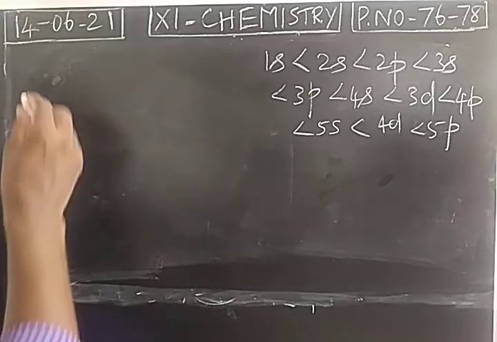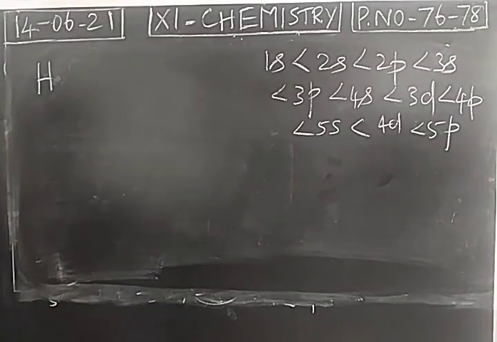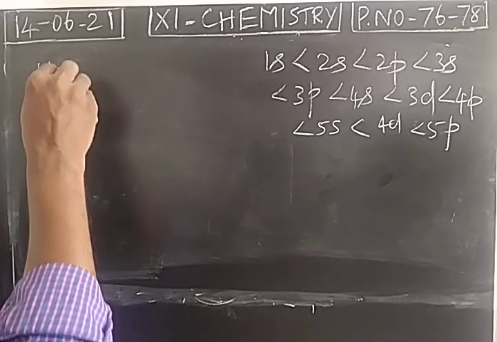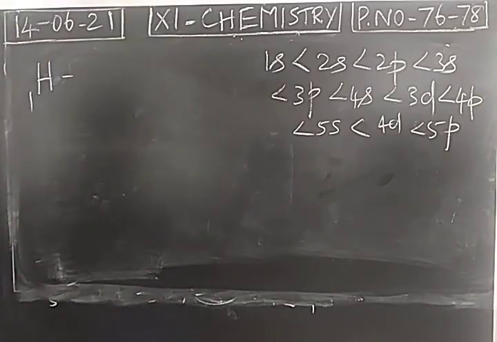So let me write electronic configuration. The simplest element is hydrogen. Hydrogen has the atomic number 1. It has 1 proton and 1 electron. 1 proton is present inside the nucleus. 1 electron is present outside the nucleus. And the electron will occupy which orbital?